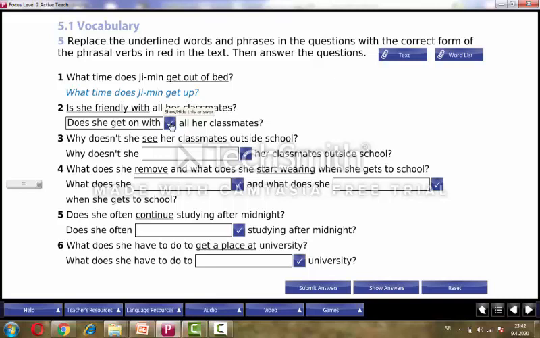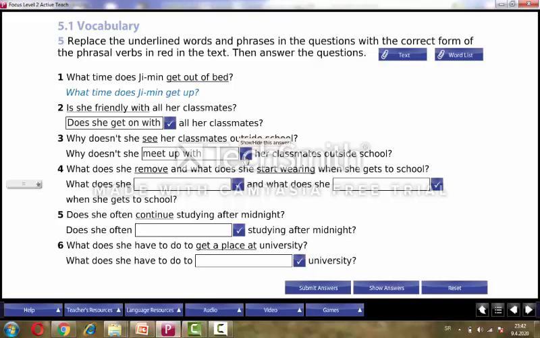Number 3, why doesn't she see her classmates outside school? We should replace see. Why doesn't she meet up with her classmates outside school? So to see someone, usually your friends, classmates, relatives, to meet up with. Number 4, what does she remove and what does she start wearing when she gets to school?